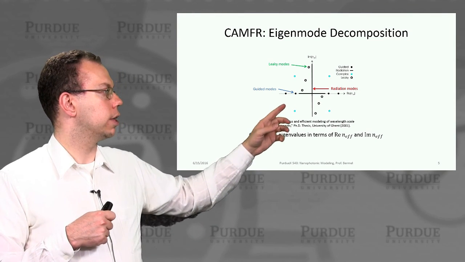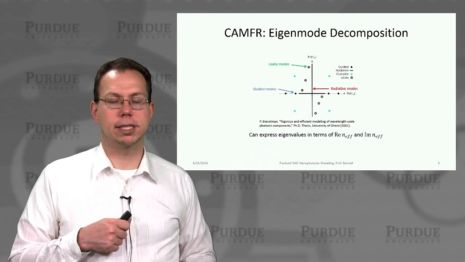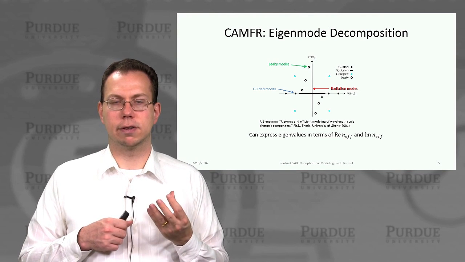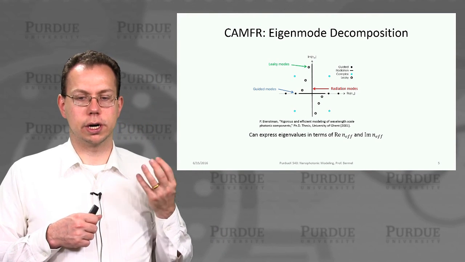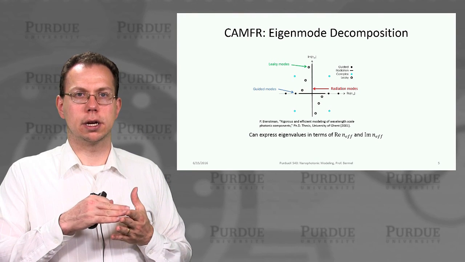Now you can also have losses potentially, of course, and then these modes are usually associated with a positive imaginary part of the dielectric constant or effective dielectric constant. Or you can think of it also as an imaginary propagation constant term.